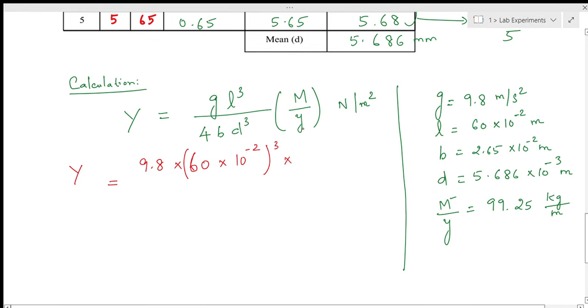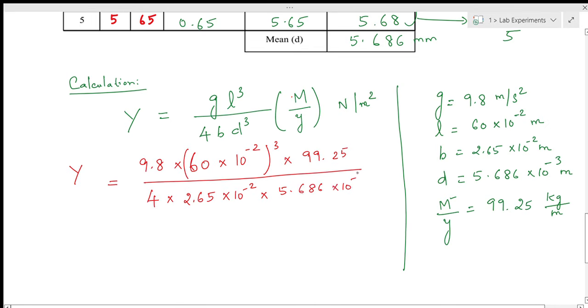M by Y ratio is 99.25 divided by 4 into breadth of the beam is 2.65 into 10 power minus 2. Thickness is 5.686 into 10 power minus 3 the whole cube.